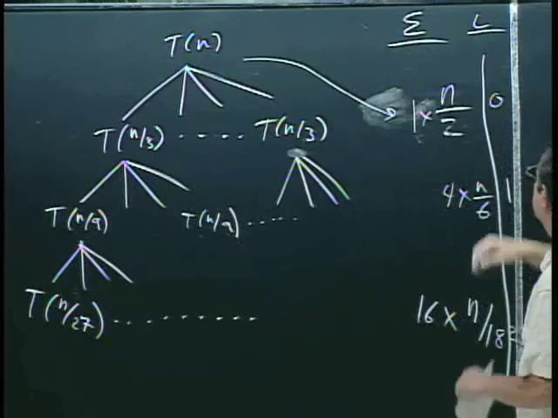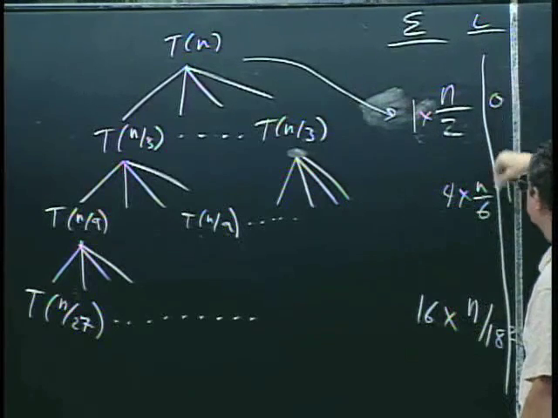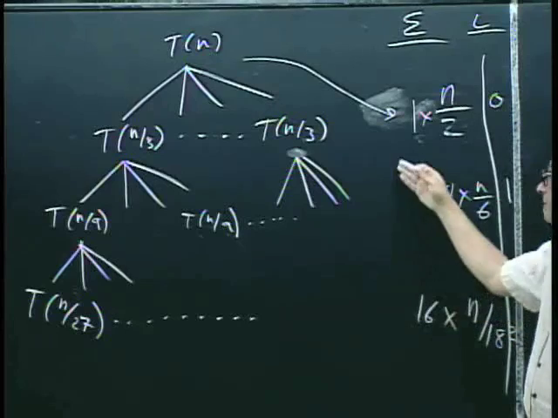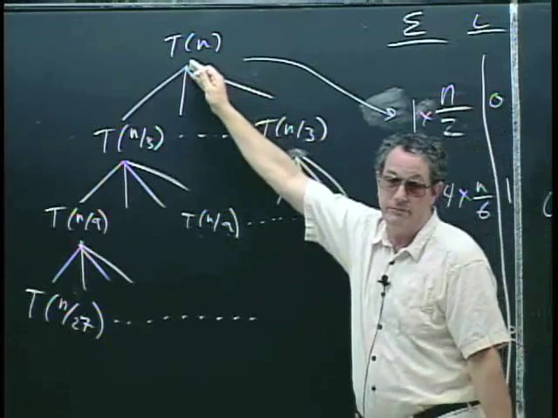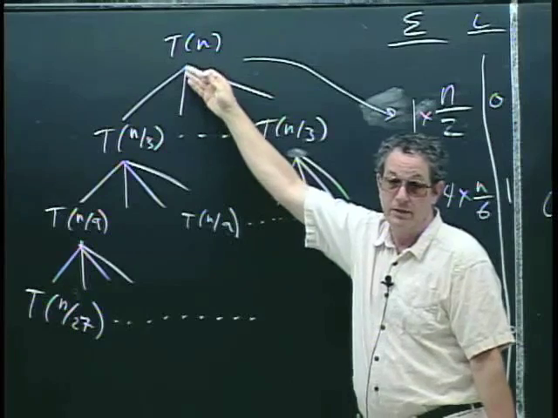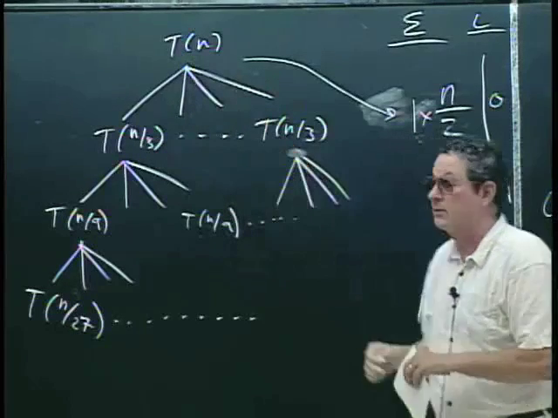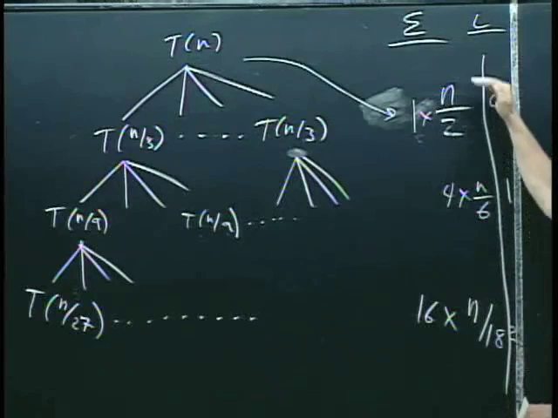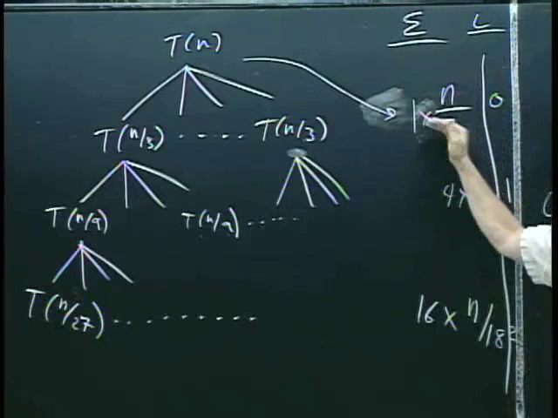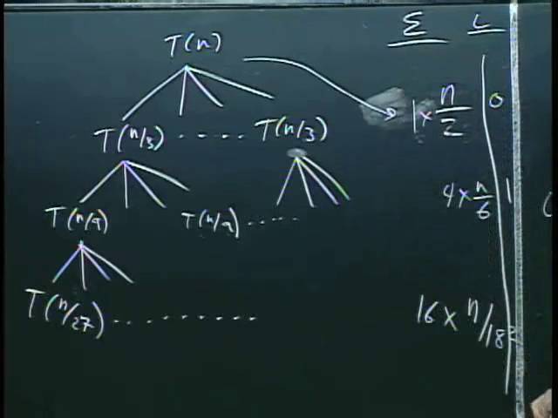But you want to think of it this way: these are the levels of the sum. So this first portion comes from here, and level 0 of the tree corresponds to level 0 of the sum. It would have been better to write them at the same height, but anyway, those are the correspondences.